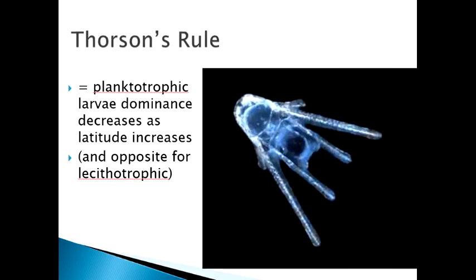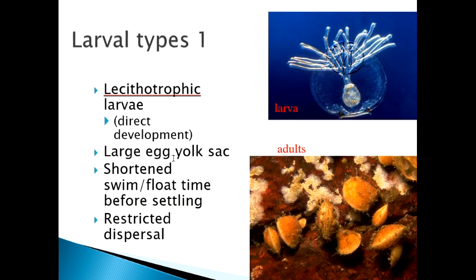Let's look lower in the developmental area. Thorson's rule. Thorson's rule looked at the ratio of planktotrophic versus lecithotrophic larvae versus latitude. First of all, lecithotrophic larvae are what are sometimes called direct development.